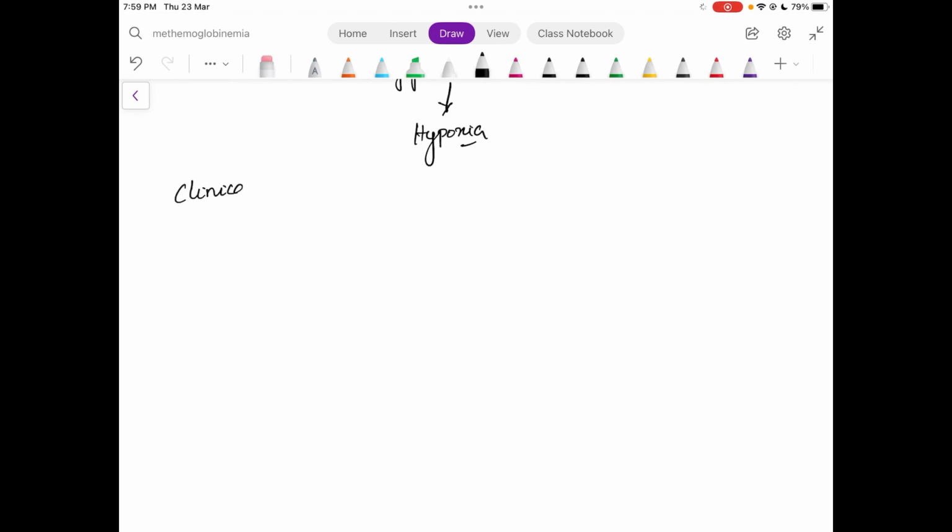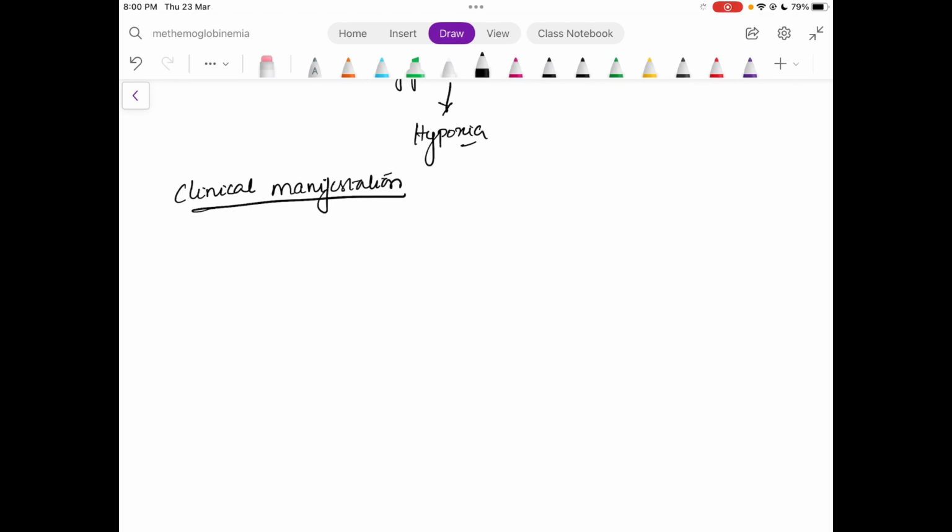Next, what are the clinical manifestations which you will see in methemoglobinemia patients? Normally, methemoglobin has to be expressed in percentages. It should not be expressed in gram per deciliter.